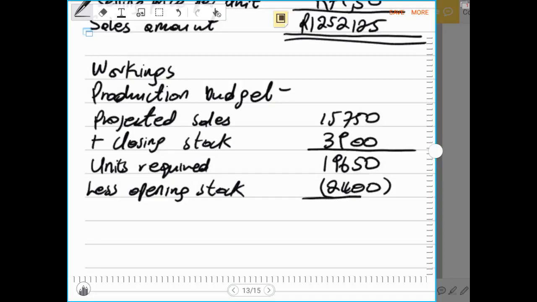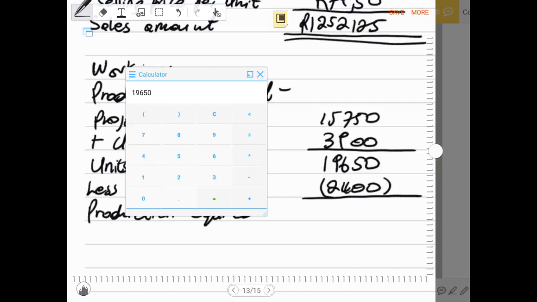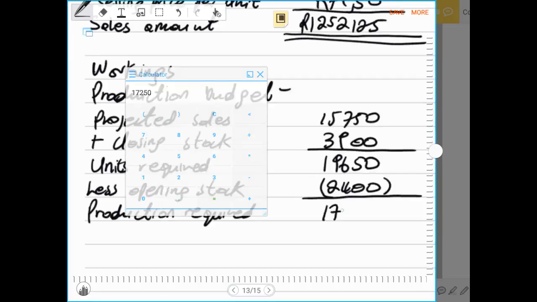Then that will give us production required, which is the number of units that are required to be produced in the current period. So now our production required will be 19,650 minus 2,400, and this will be 17,250.